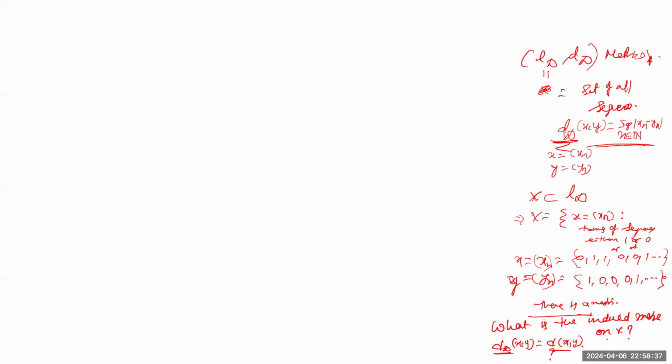That is what we are going to identify. Let x equal to x_n, that is one sequence, and y equal to y_n, that is another sequence, members of X. So remember that all these sequences are either 0 or 1, right?